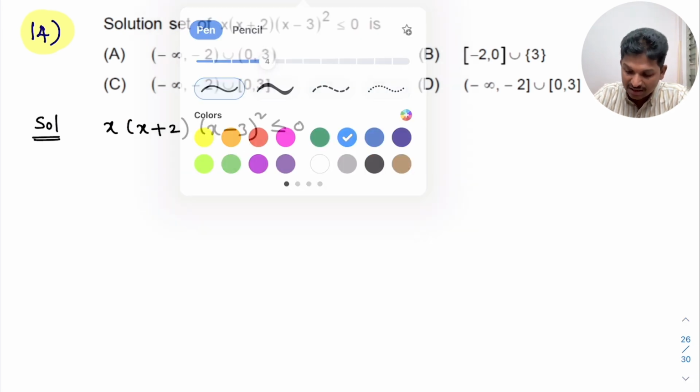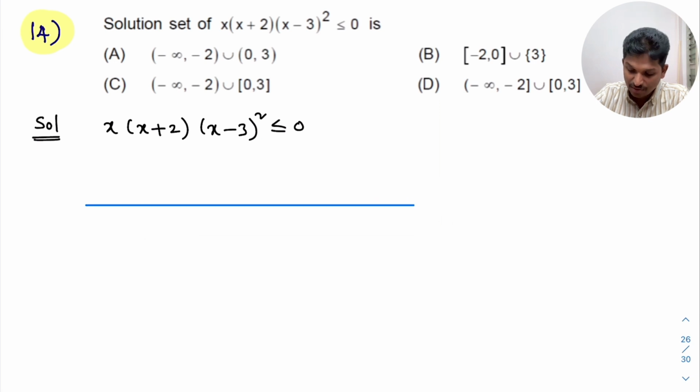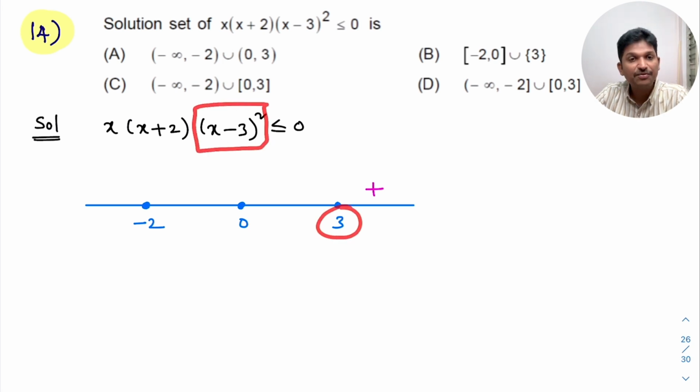Now, you mark these things on the number line. Okay, what are the numbers? First one is 0, okay. Next one is 3, okay. Next one is minus 2. Now, the wavy curve method says that in the rightmost corner, you keep plus, okay. I'll keep plus here. Now, you observe this 3 is coming from this linear factor.